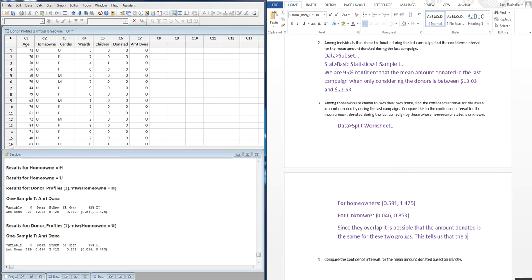That the average donation received from individuals who own a home is not higher, because you might suspect if you're a homeowner, you have more money than other groups, than those who don't. Let's say that.